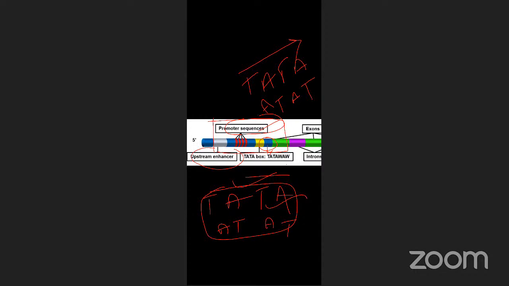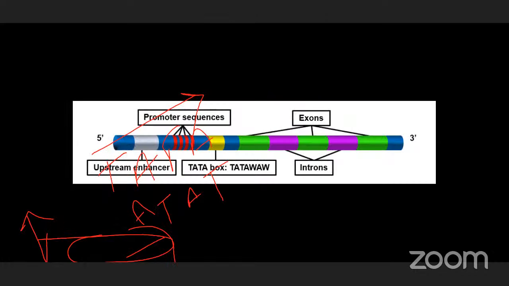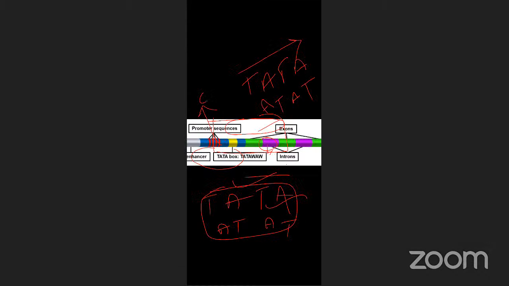On the upstream side, the silver line, the upstream enhancer, the sequence is CCAAT, also called the CAAT box.